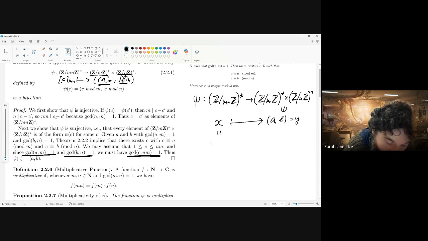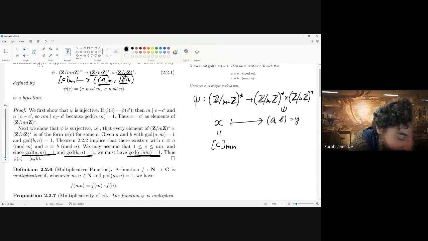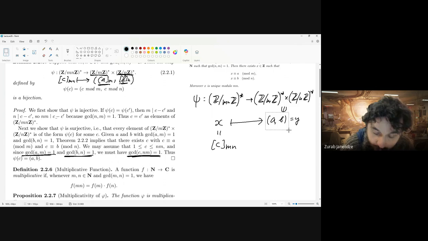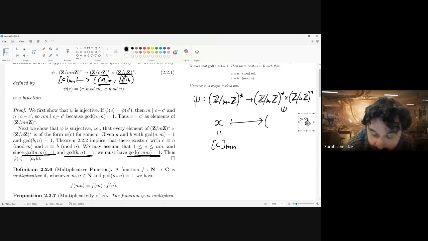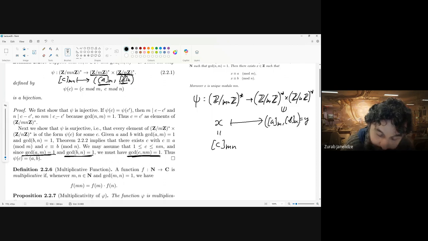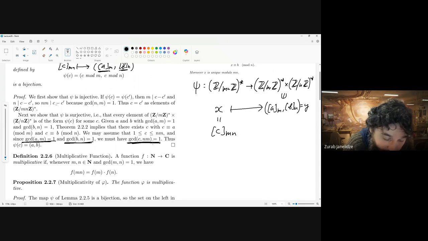It is given by the equivalence class of C for the MN relation. In fact, A and B already were in terms of the equivalence classes, so let me rewrite it accordingly. So you see, I keep switching between equivalence classes and their representatives. There we go. So we found the C that maps there. In fact, we even know now that we can pick C to be between 1 and MN.